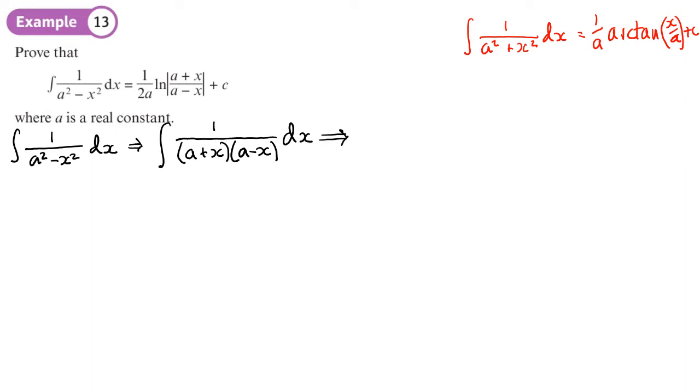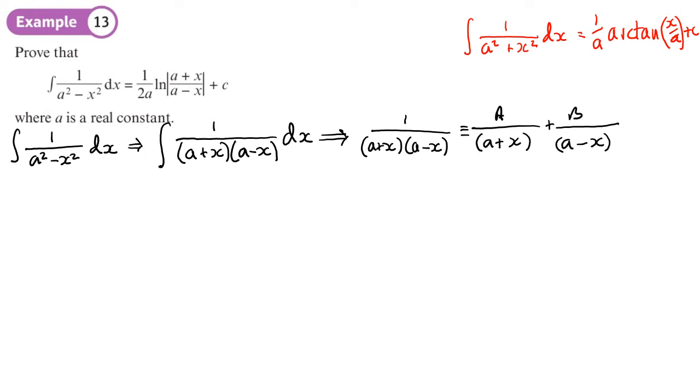So we want to split this up into a partial fraction. So we want this a plus x, a minus x in the form A over a plus x plus B over a minus x. So you can see if you use that standard result, you'd be doing something completely different.